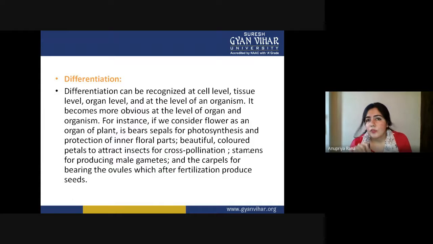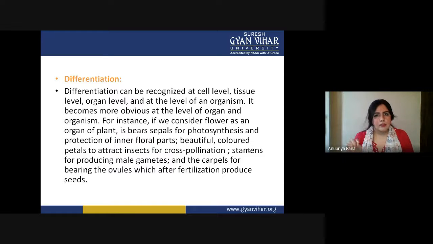But at the time of organogenesis, we can see how they differ from each other and what different functions they perform. Here we take the example of a flower, and in the flower we know there are sepals. What do the sepals do? They do photosynthesis and protection. Just above the sepals we have the petals, beautifully colored, to attract insects so they can do the pollination process.